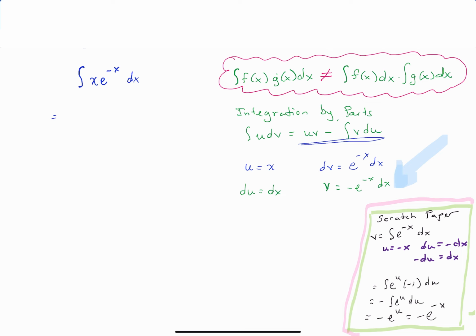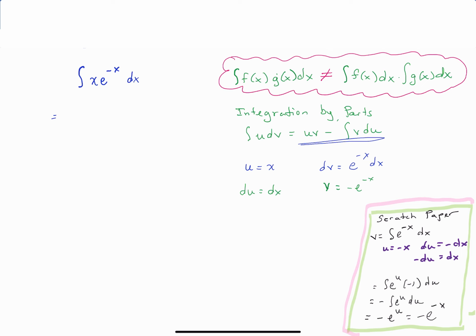I wonder if you see the mistake. We're not supposed to have a dx here because it's not dv, so no dx there, and that's why there was no dx down on my scratch paper either.